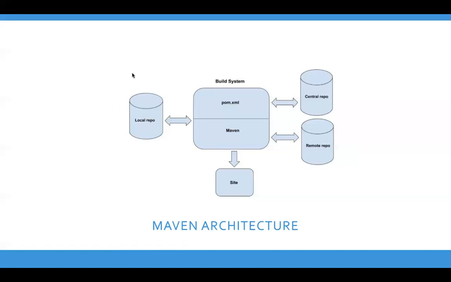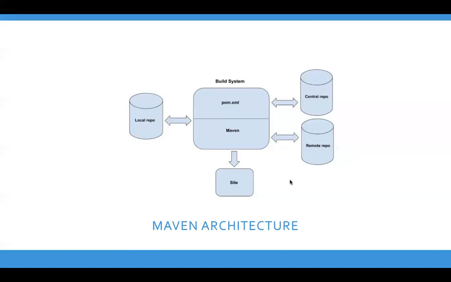Here Maven has this local repository, so that whenever your project needs the same dependency or same jar, it doesn't have to go to the central repository or the remote repository every time it needs it. It can simply look in the local repository, fetch the dependency, and start using it in your current project. So this central repository we see here is provided by the Maven community.